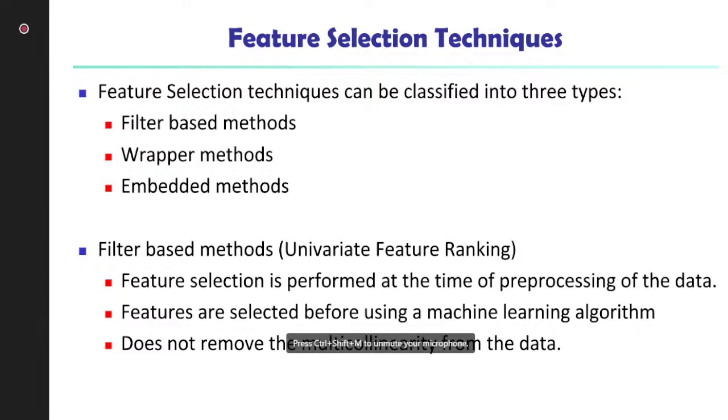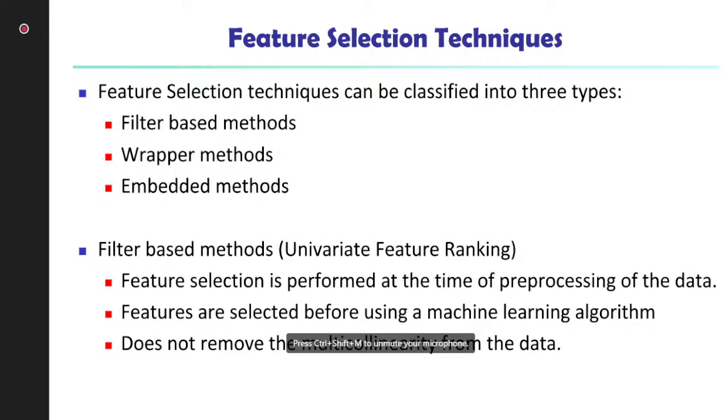If it has lower power, we remove it, right? But here we are treating each feature individually, and we are not looking at interaction among the features. This is also known as univariate feature selection or filter based feature selection.